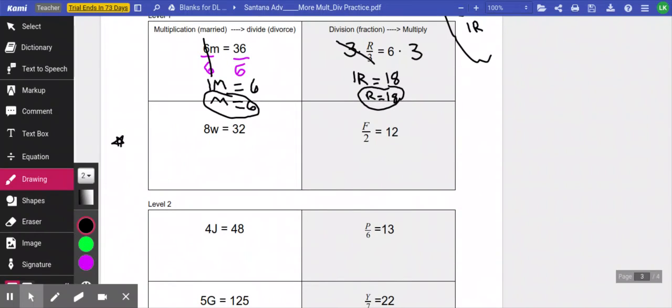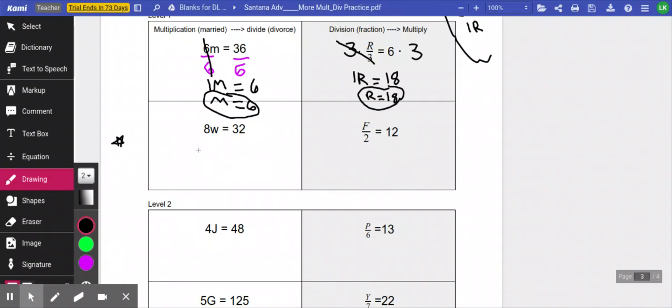All right, let's look at this one and just help you set it up, and then you're going to try them on your own. So let's look at this one. 8w equals 32. Remember when they're squished together like that? The happy couple? So they're being multiplied, married, multiplied. And the opposite of multiply by 8, you always want to look at what's happening between the number and the variable, is divide by 8.